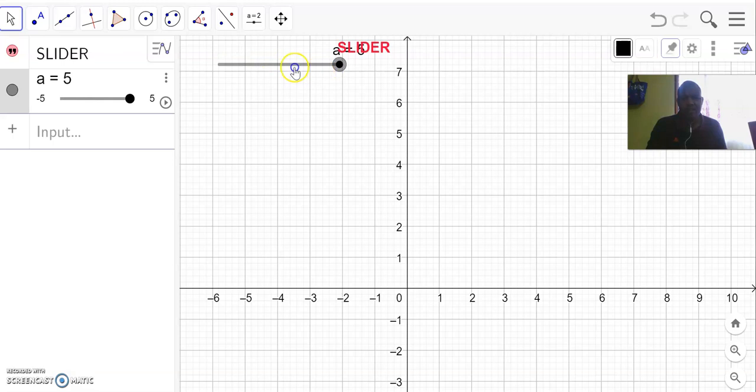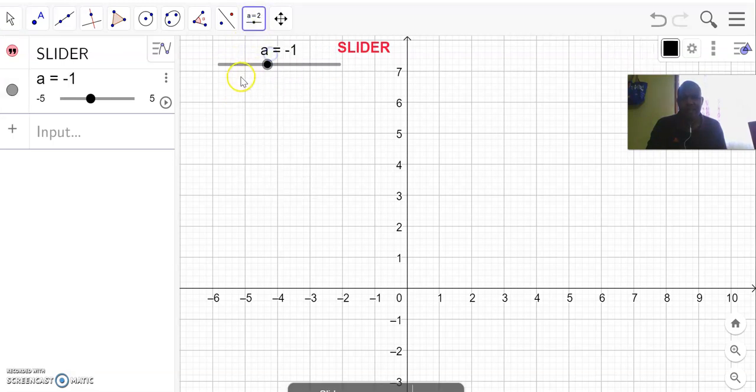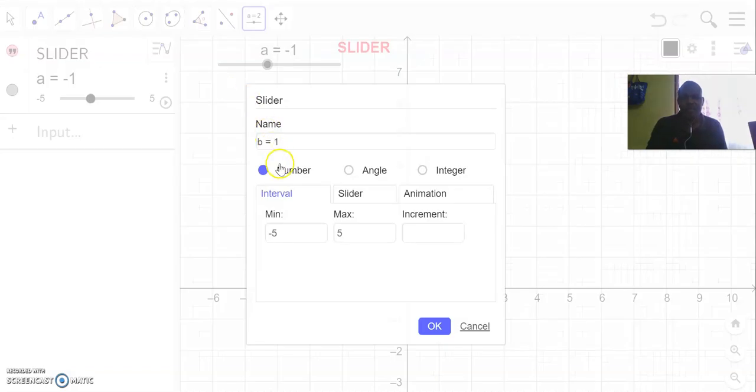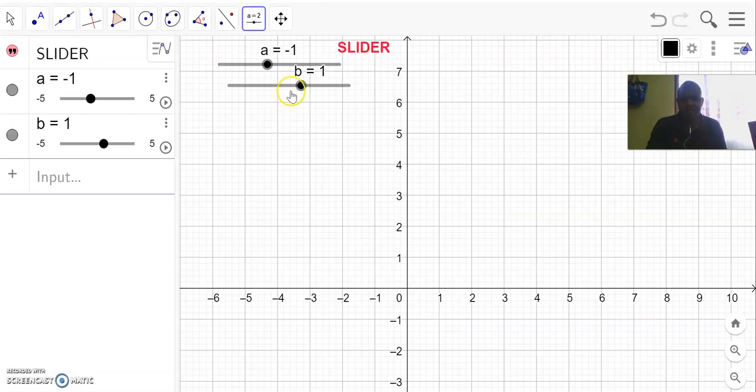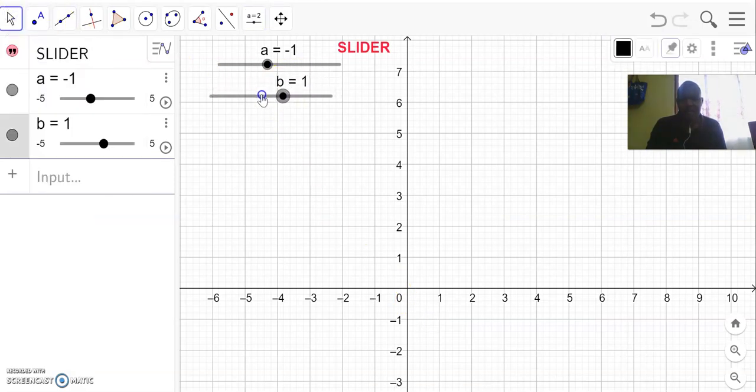You can see my slider. Pick a slider B. It is B here. It's a number. -5 to 5 is okay to me, and an increment of 1, which is okay. Then you create the second slider. Bring it down a bit.